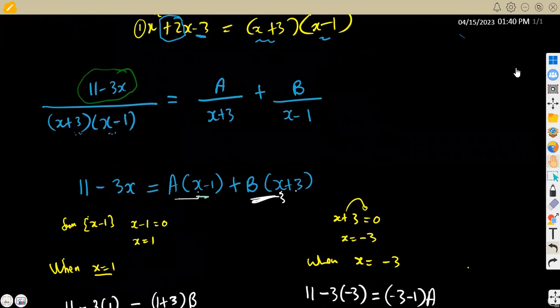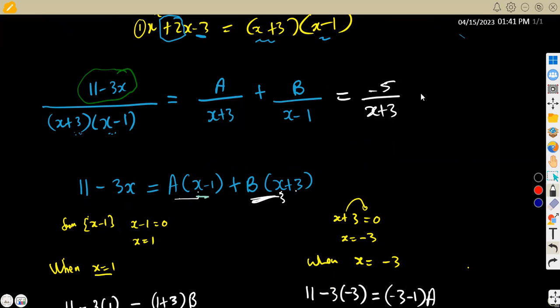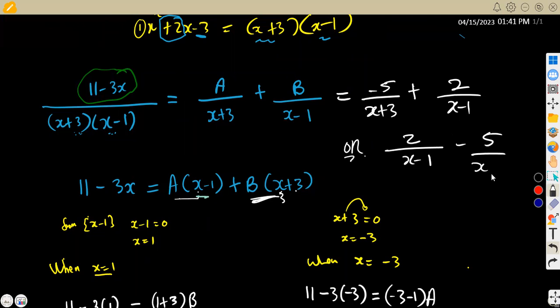So this whole part is going to be equivalent to minus 5 over x plus 3, plus 2 over x minus 1. Or you can even write it as 2 over x minus 1 minus 5 over x plus 3.